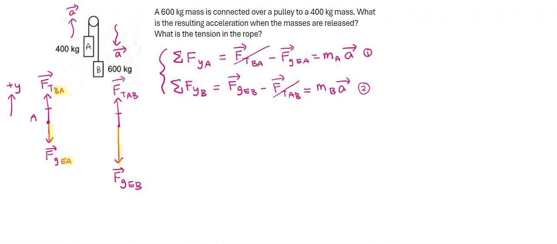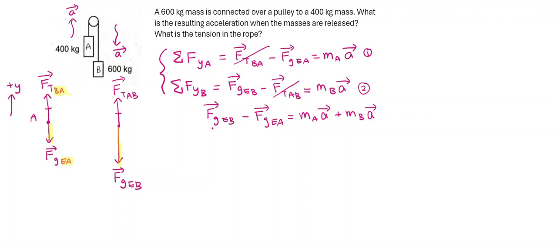When we add the two equations, it's simply going to be gravity of B minus gravity of A, and then equals this plus that. So this is our final equation.